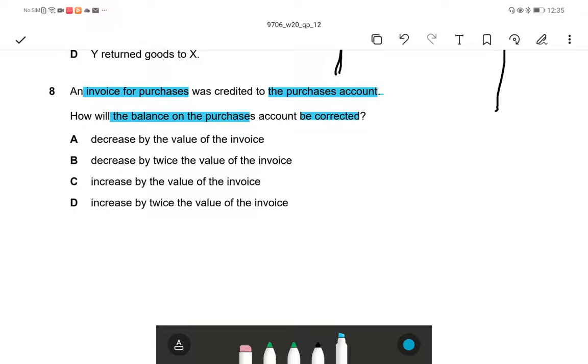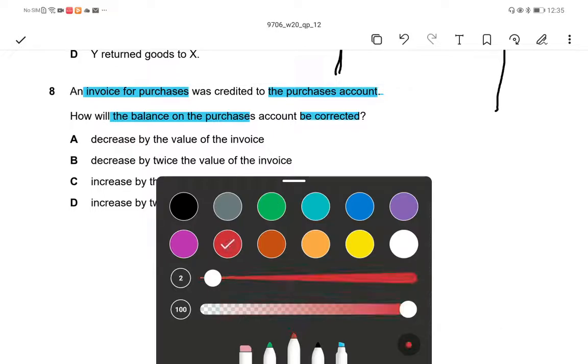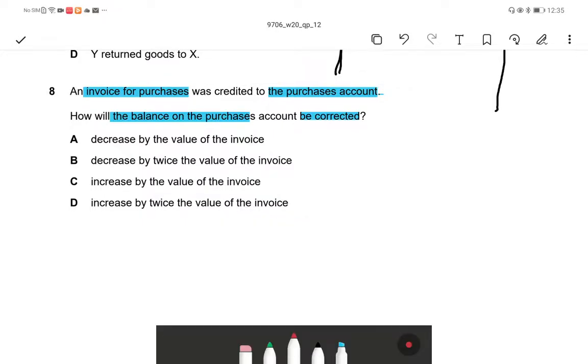The first mistake is that the purchase is not debited. Instead, they have done the credit.